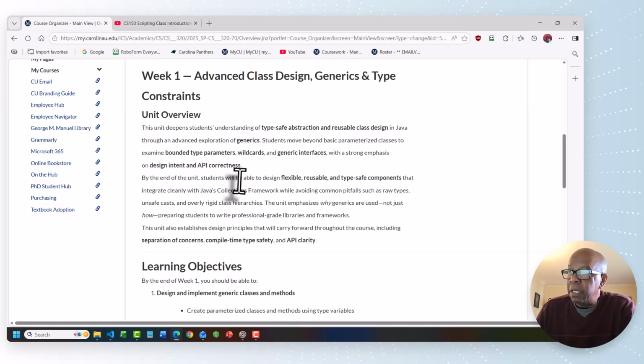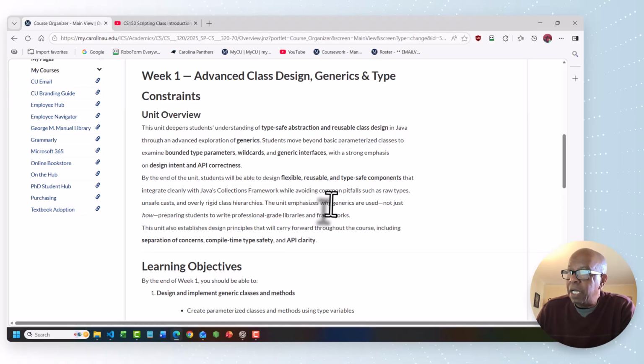By the end of the unit, you'll be able to design flexible, reusable, type-safe components that integrate cleanly with Java's collections framework, and we'll deep dive into what that framework looks like, while avoiding common pitfalls: raw types, unsafe casts, overly rigid class hierarchies.